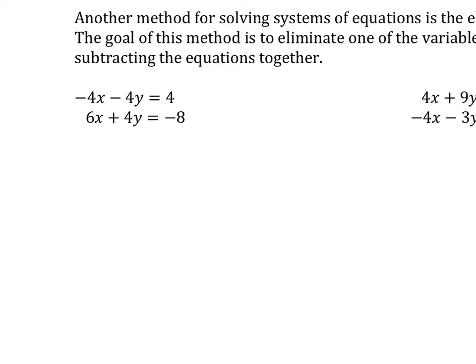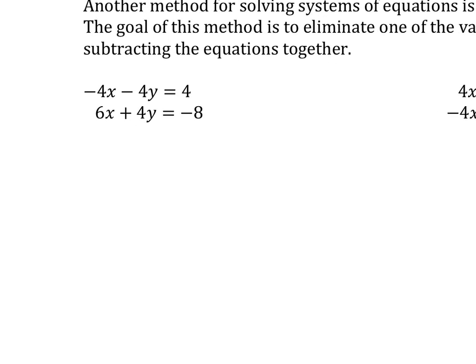Okay, so here in this first example, we can see that in one of our equations we have a negative 4y, right here, and we have this positive 4y. Now if we want to eliminate one of the variables, we need to have the coefficient in front of that variable become 0 when we add or subtract them together.